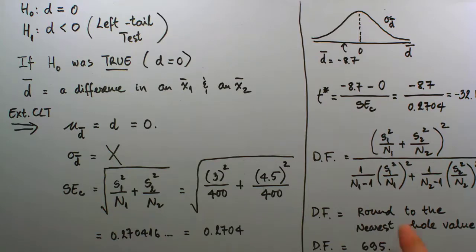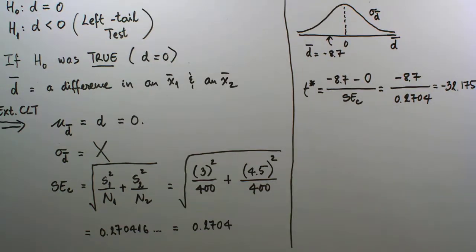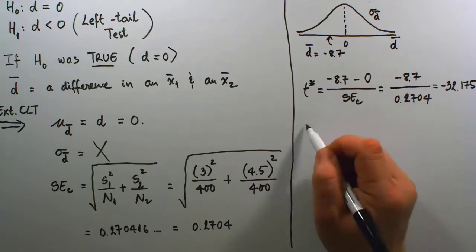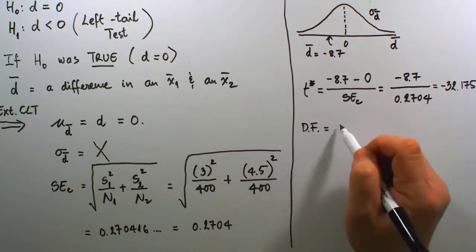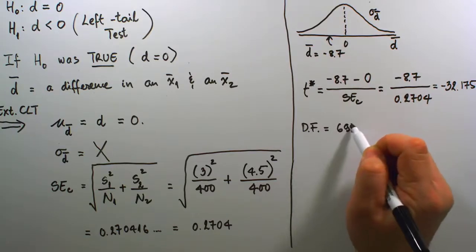One program of mine will provide the 2 values in one go like that. And so we will also be able to find our T star value once we have had the SEC value. So now our degrees of freedom for the 2 samples together is concluded to be 695.